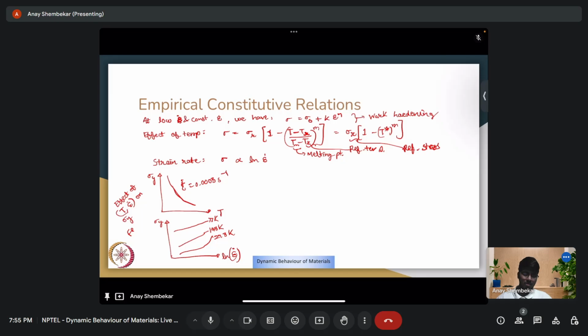Using the above trends for the work hardening, for the effect of temperature and for the effect of strain rate, we can combine them together to create a combined model.